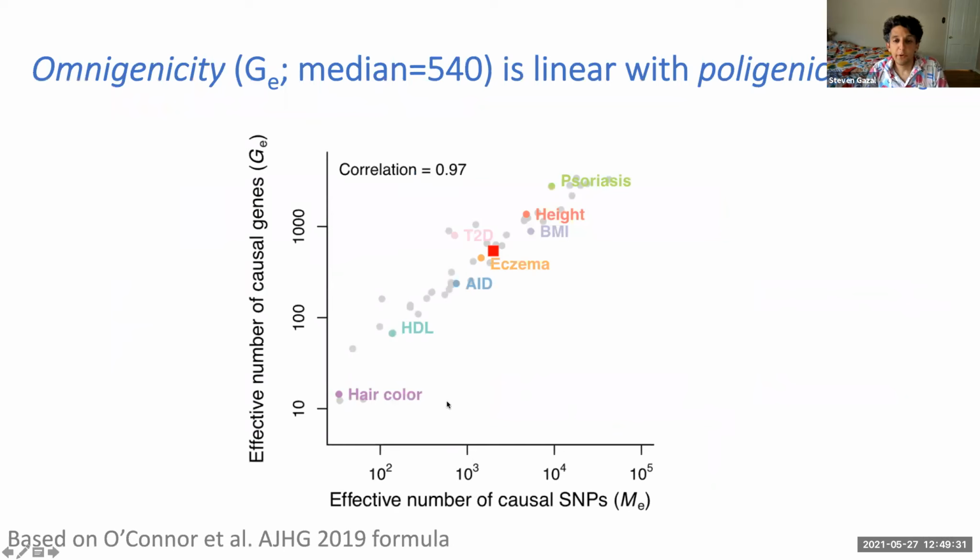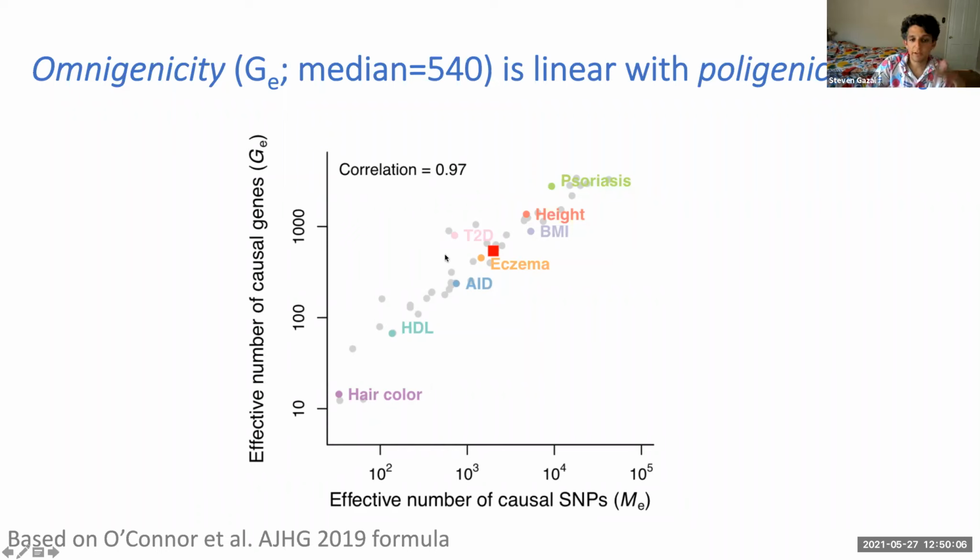The first thing we did with these results is to use a polygenic formula from this paper, which gives you an estimate of the effective number of causal SNPs in a trait. As you can see, here's the median: we have more than 1,000 causal SNPs per GWAS on average. Then we adapted this formula to estimate the effective number of causal genes.